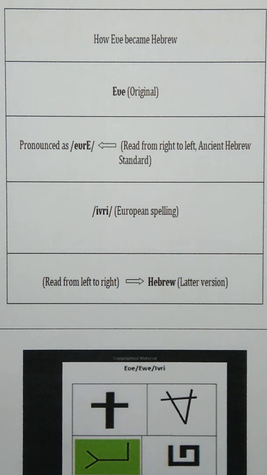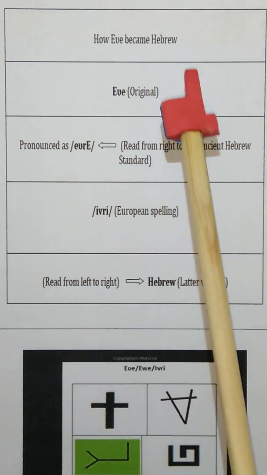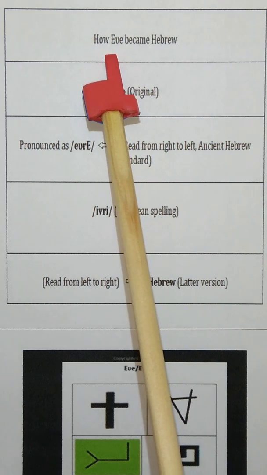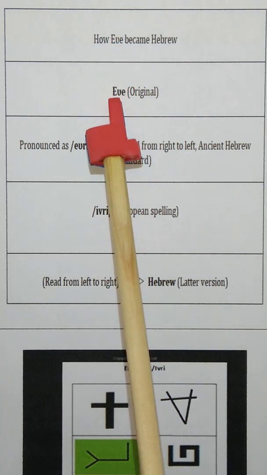So what follows is Jacob's Eve, or Jacob's ancient Hebrew name, recovered by means of the ancient Hebrew revived complete chart. And speaking of the Eve, how has Eve become Hebrew? Okay, so Eve is the original word.